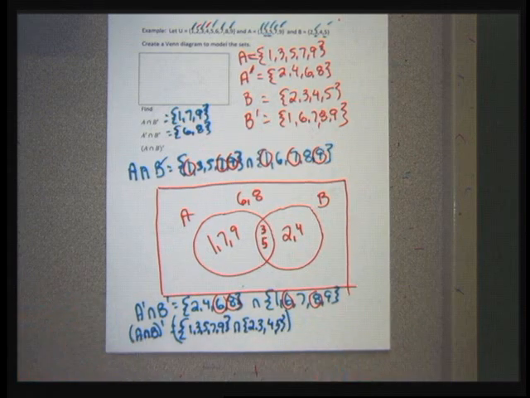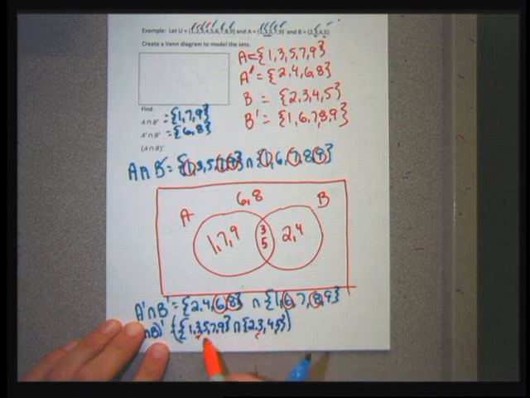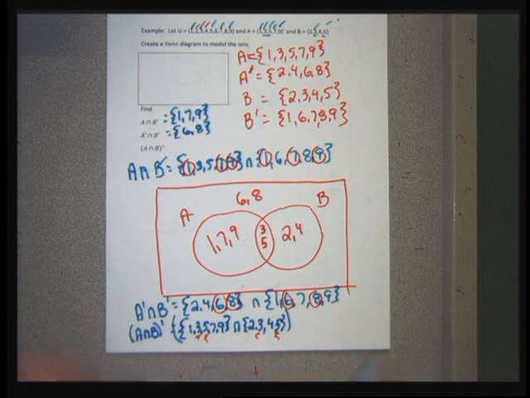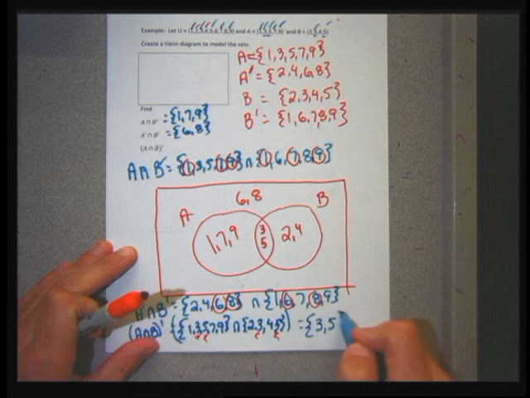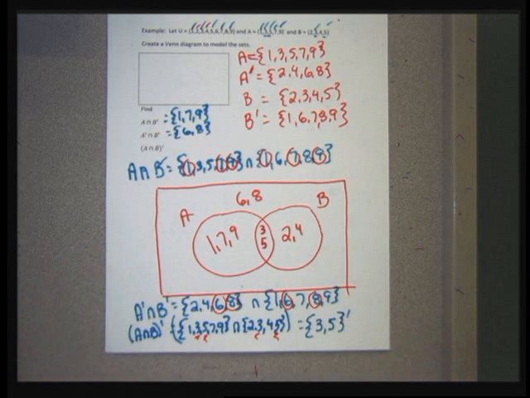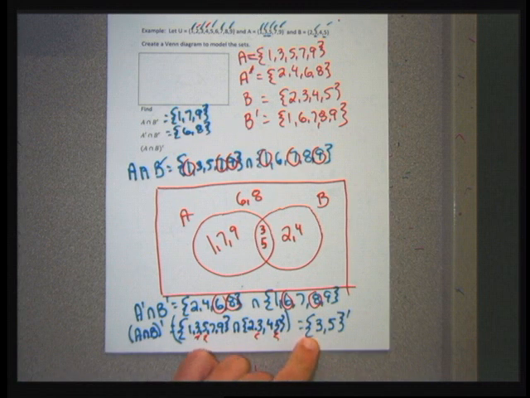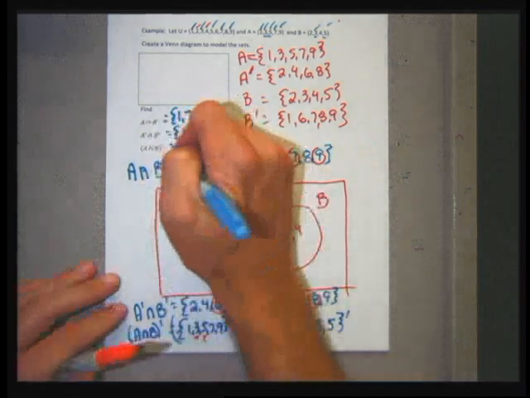When I intersect, they both have 3 in them, and they both have 5 in them. So A intersection B would be just the set that contains 3 and 5, but I want the prime of 3 and 5. Because the numbers in the universe are 1 through 9, the prime is every number except 3 and 5. So I'm going to start writing down the universe.